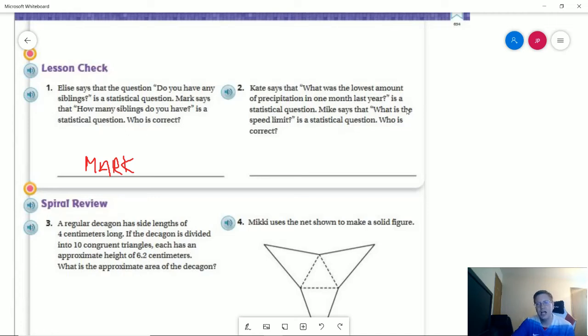So number two, what was the lowest amount of precipitation in 1 month last year is a statistical question. So there are 12 different points of data that we could use for that. Mike says, what is the speed limit? Well, here's the thing. There are a lot of places, and a lot of places have similar speed limits.